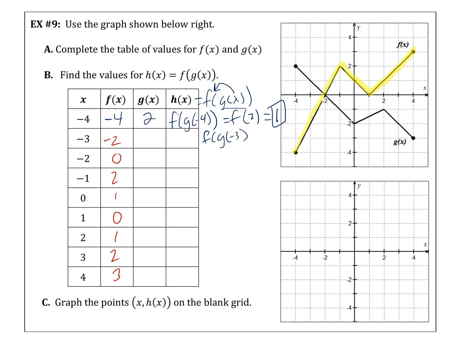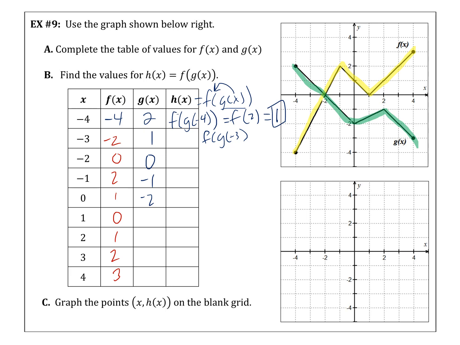Okay, so now I'm going to do my g of x. It's the other graph. Following g of x, we have -4 is 2, -3 is 1, -2 is 0, -1 is -1, 0 is -2, and 1 is very unique.